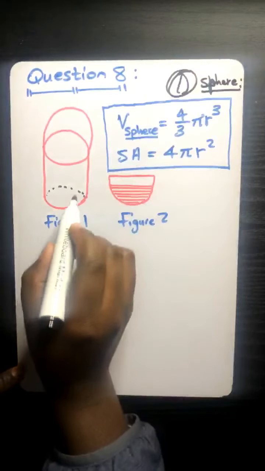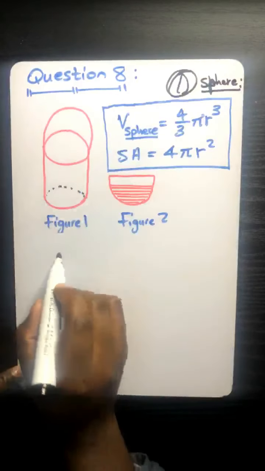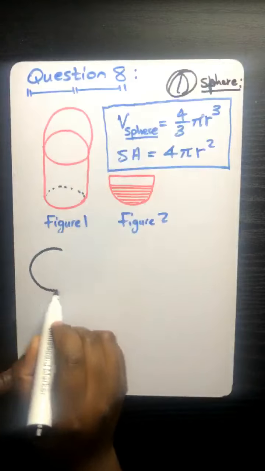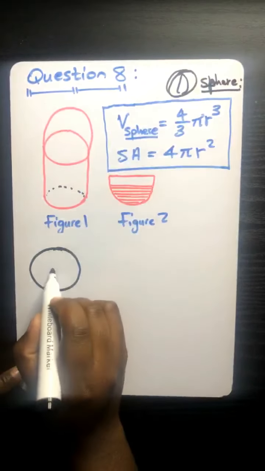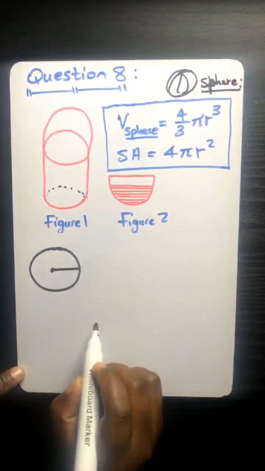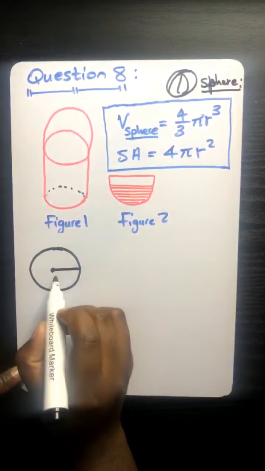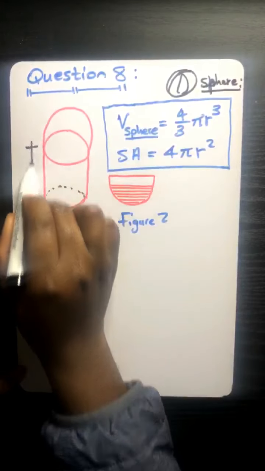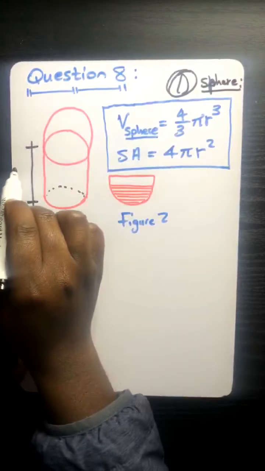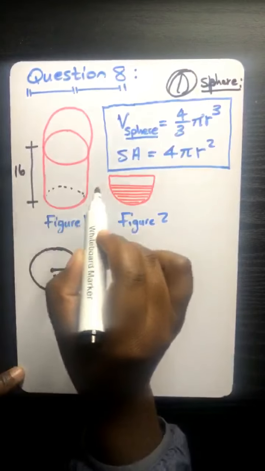Let's work out the base. We know the base is just a circle similar to that. And what is this of the base, guys? It's 2.9 centimeters, isn't it? And then that one, is it 16 centimeters? I think so.